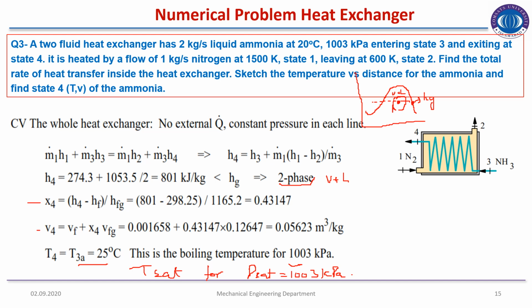When we were discussing the pure substance chapter, we know that the T saturation depends upon the P saturation pressure. So that is the temperature and distance curve shown. For ammonia, the temperature will increase from 293 to 298 and then remain constant, because that is a phase change process from 3A to 4.